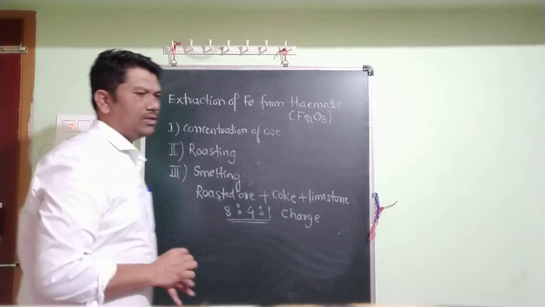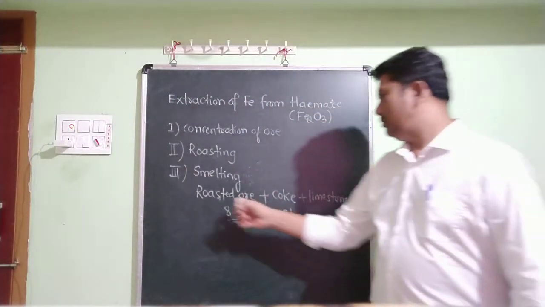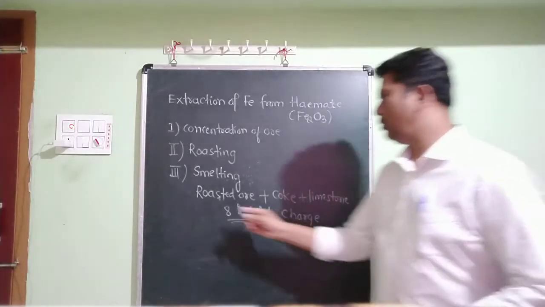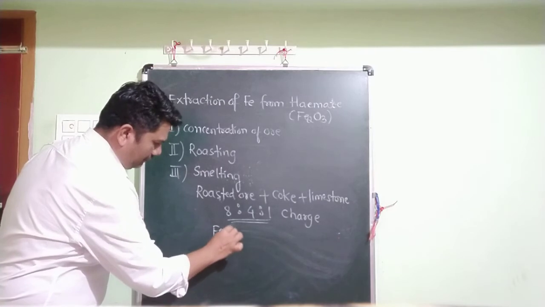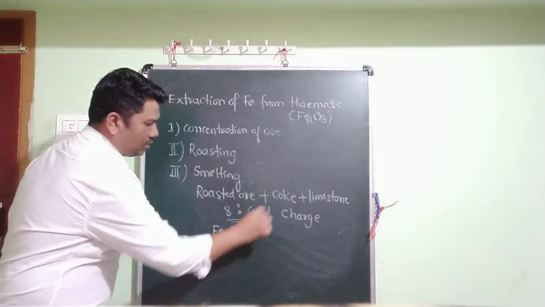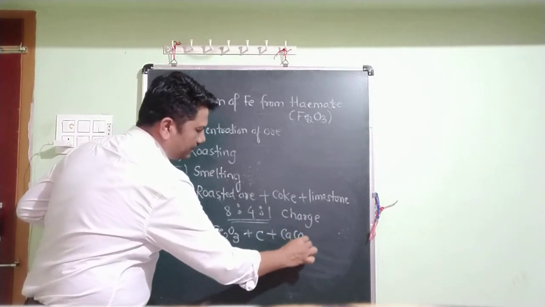Roasted ore means it is Fe2O3 only. Coke means it is carbon. Limestone means it is CaCO3.